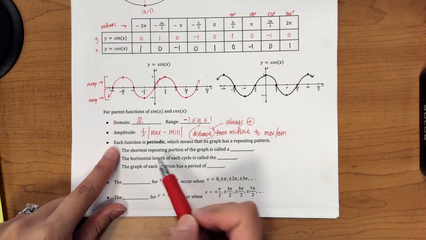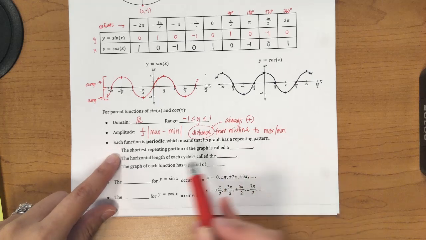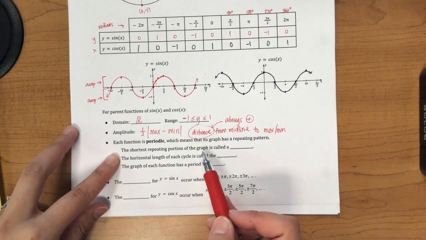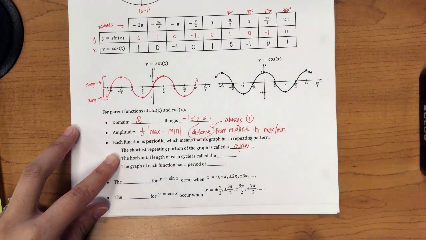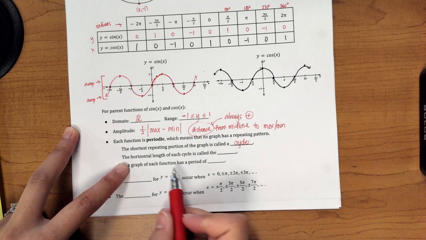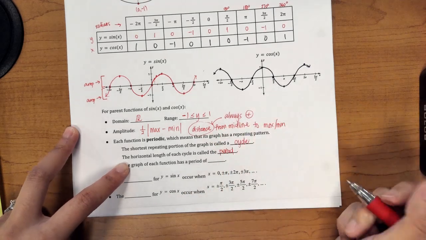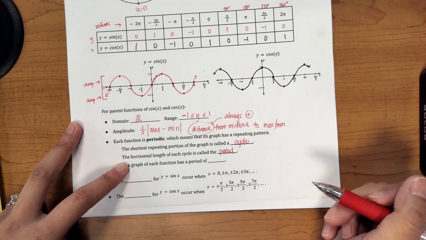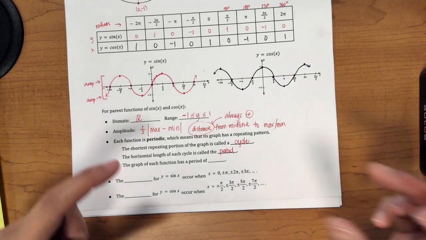Each function is periodic, which means that its graph has a repeating pattern, right? So the shortest repeating portion of a graph is called a cycle. And the horizontal length, or the x distance of each cycle, is called the period. So on a graph, that's basically the part of the graph that repeats over and over.